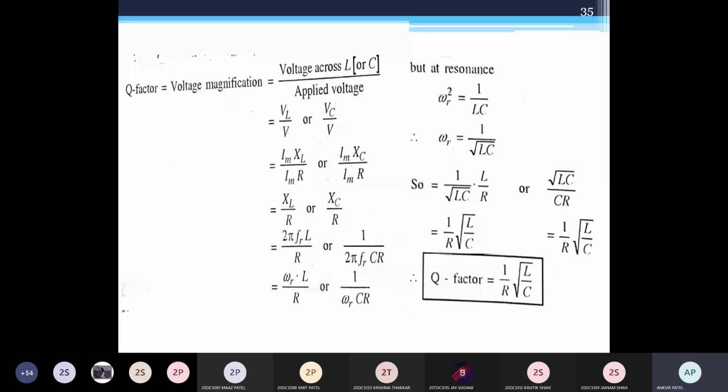No, sir. Okay, so the Q factor decides the selectivity of the coil that is generating the current or VL. That indicates the quality of the coil that you use in the circuit.